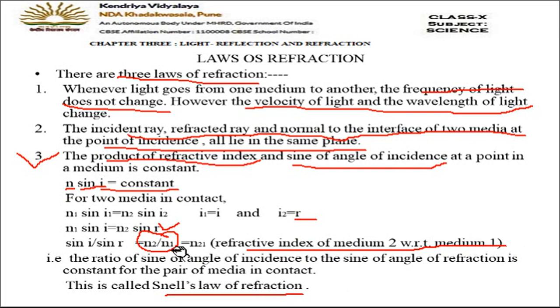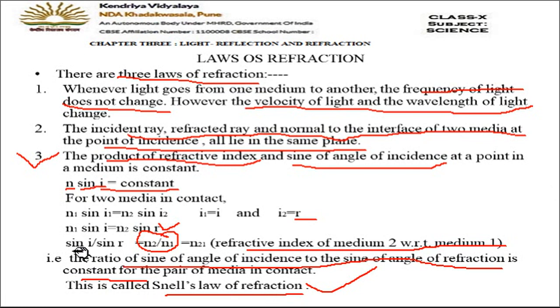That is, the ratio of sine of angle of incidence to sine of angle of refraction is a constant value. This value will be constant for a given pair of media always. And this is called Snell's law of refraction.